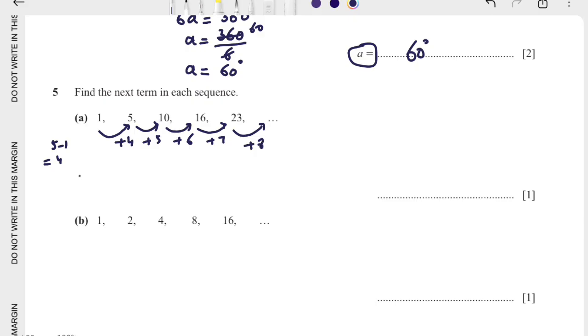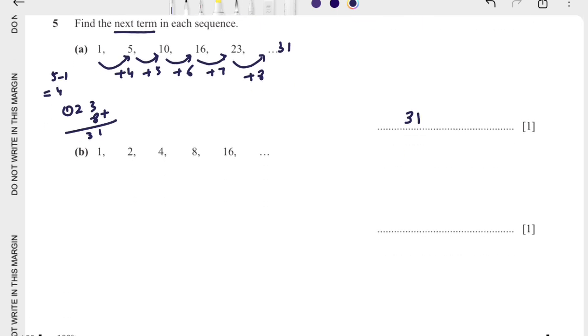So if you add 8 to 23 you get 31. So the next value would be 31, and we have to find only one next term. So the answer would be 31.